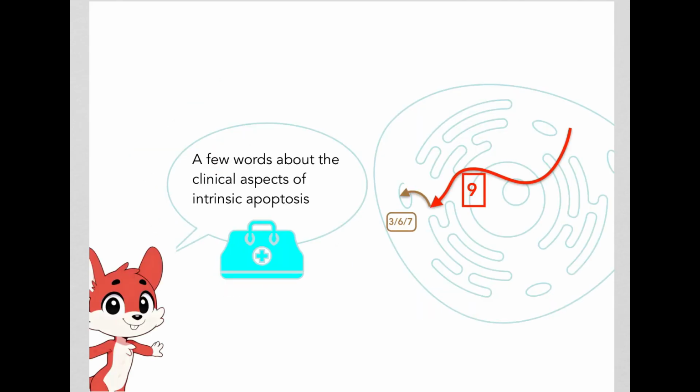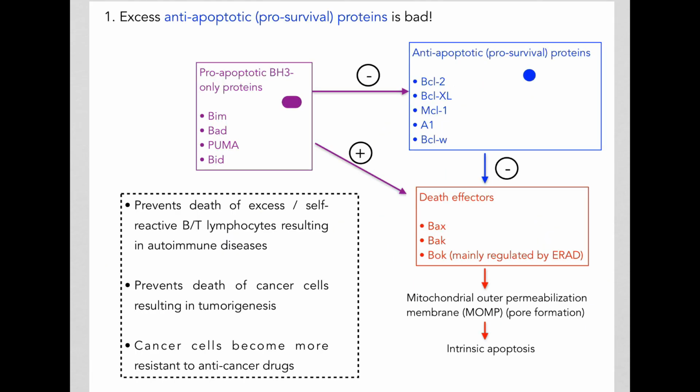Before we end this video, a few words about the medical aspects of intrinsic apoptosis. Number one, excess anti-apoptotic or pro-survival protein is of course bad, because remember, these anti-apoptotic or pro-survival proteins block apoptosis.